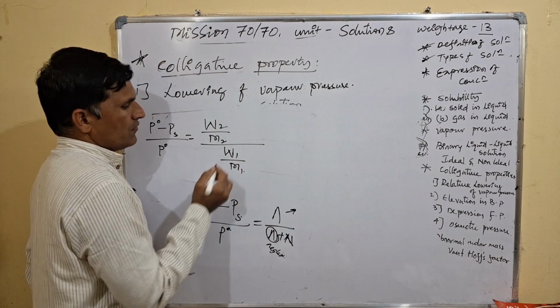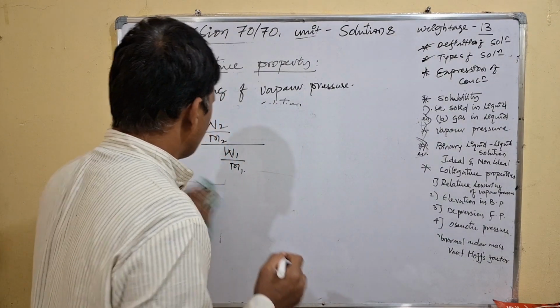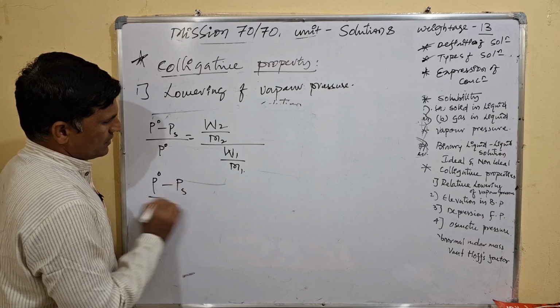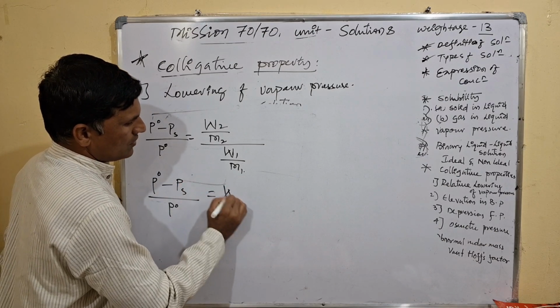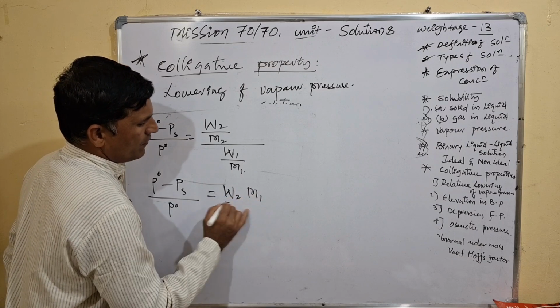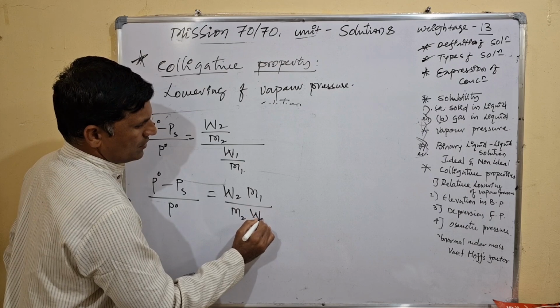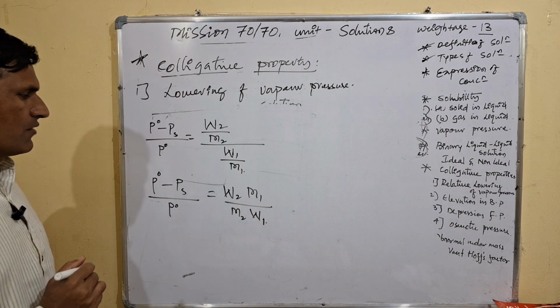Now when you rearrange this, you get (P naught minus Ps) divided by P naught equal to W2 M1 divided by M2 into W1. This is how we get the equation.